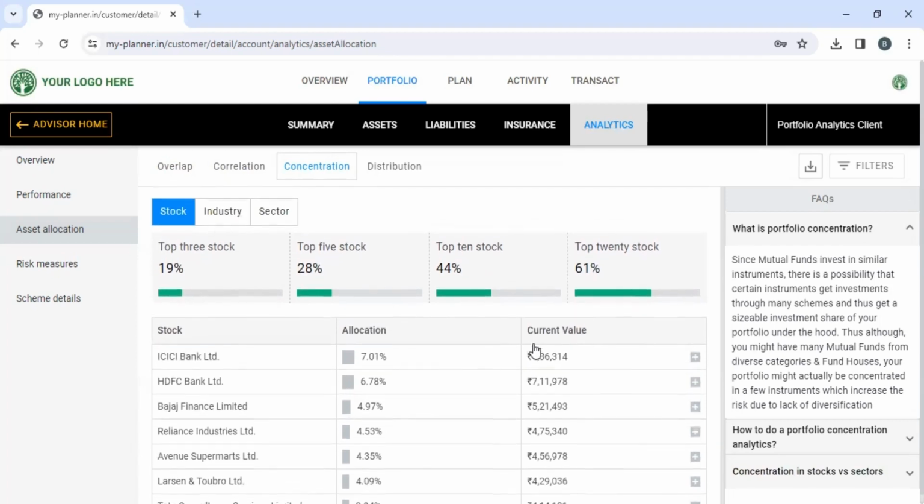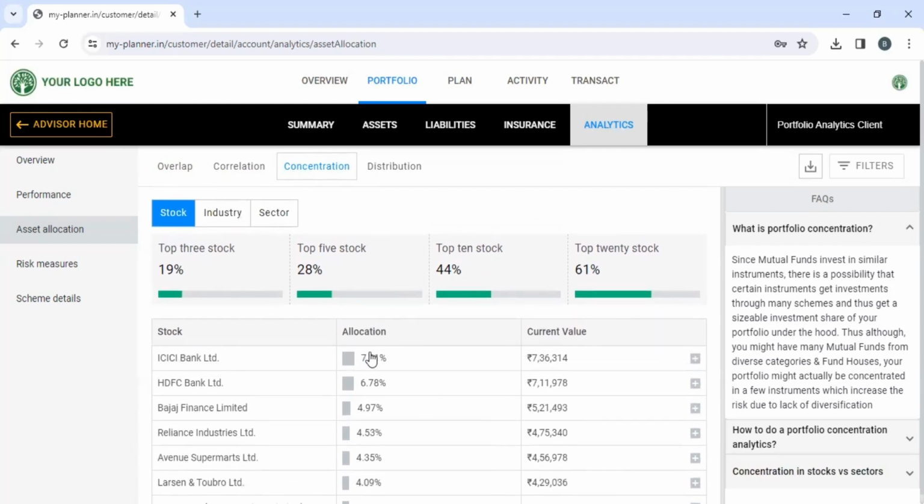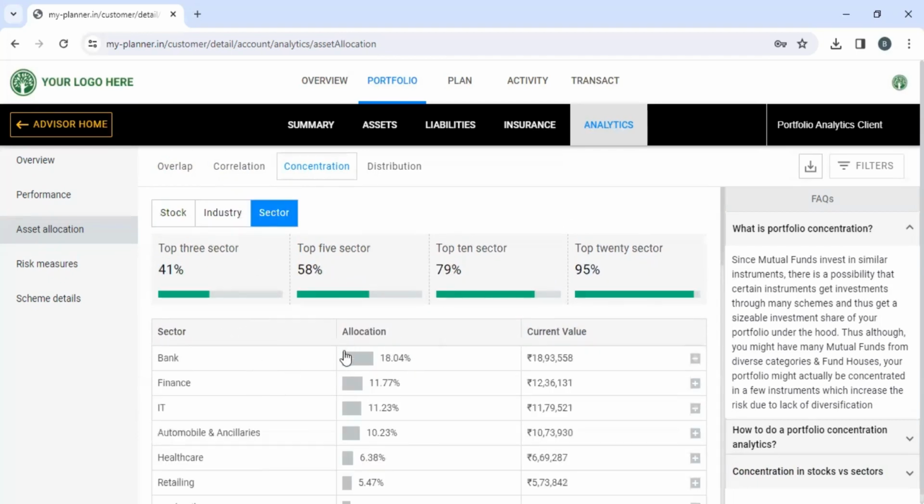Also, if these two are all in banking sectors, let's say if I click on sector, the bank sector has around 18%. So does it mean that if the banking sector goes for a dip or might not be doing that well, 18% of my portfolio and the actual current value of my portfolio is at risk.